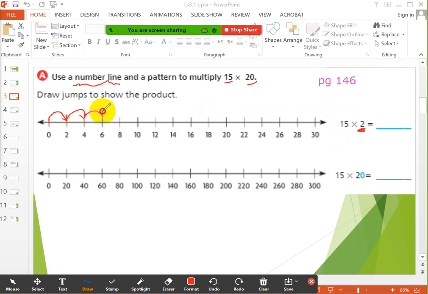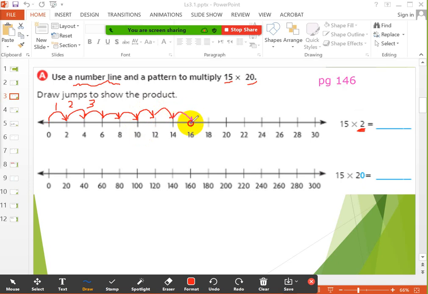That means I will jump. This is the first one. This is the second one. This is the third one. This is the fourth one. Number 5. Number 6. Number 7.